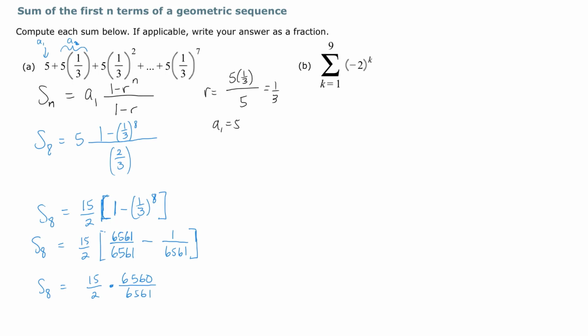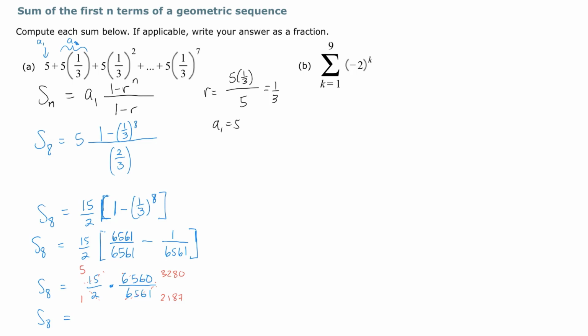There's a 3 in 15 and there's a 3 in 6561. So we could reduce a factor of 3, and 6561 is divisible by 3. We get 2187 here. And of course 6560 is divisible by 2. We get a 1 here, and we get a 3280.